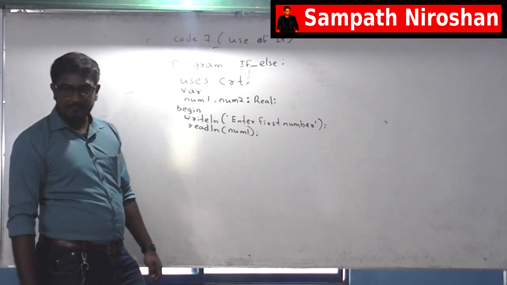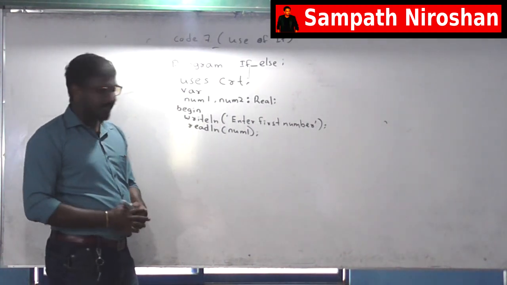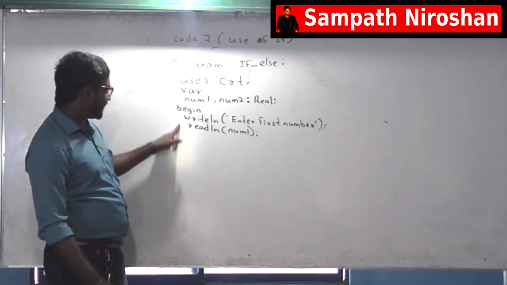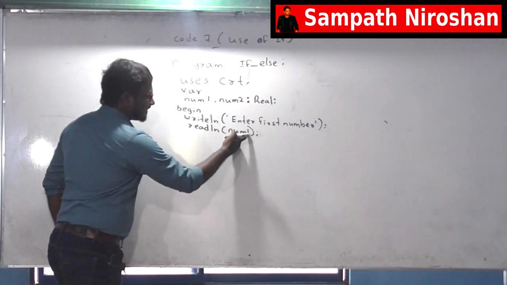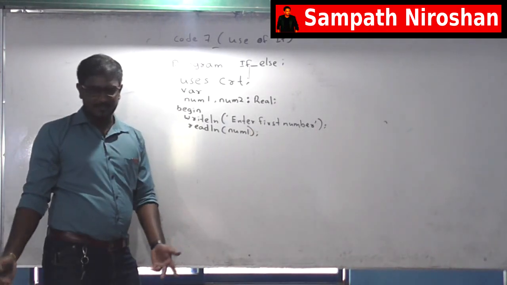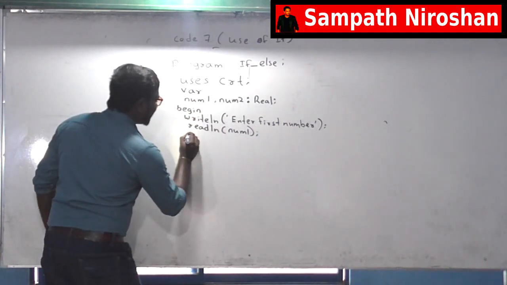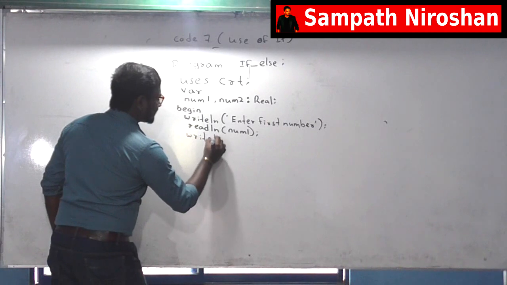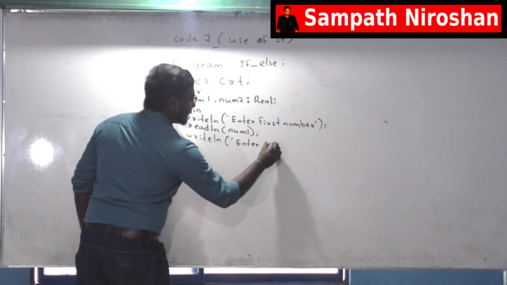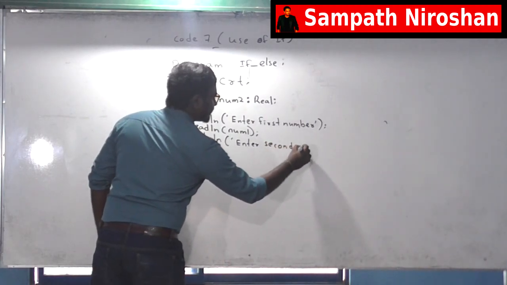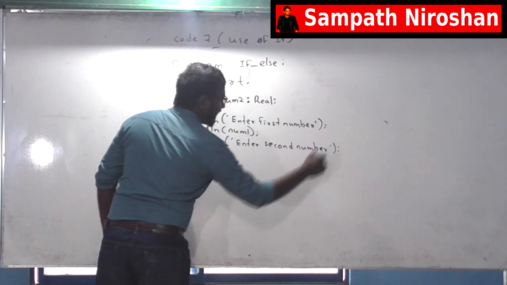Next thing is getting the second number. So be wise, programmers don't type all the way. They copy these two lines, paste them right here, and change this into second and change this guy into 2. That's all you need to do. But this is a board, I don't have that capability, so I'm going to write it. So writeln, Enter second number, end of the quote, end of the line.